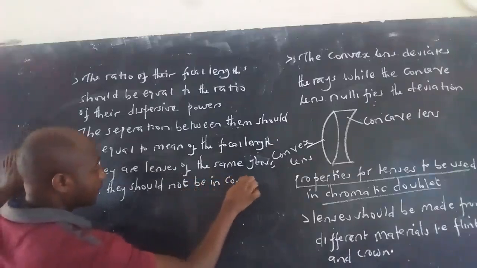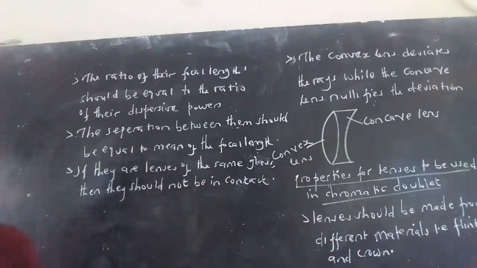So that one is done. That's chromatic aberration. Then we go to spherical aberration.